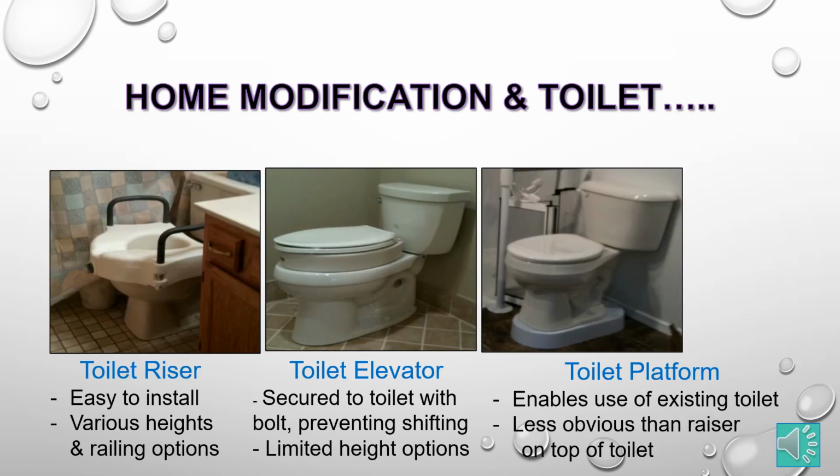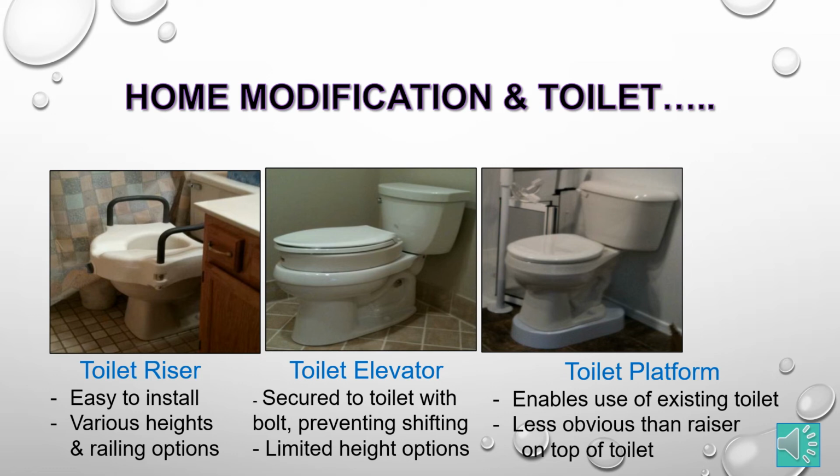When we talk about toilet modification, height of the toilet seat is a major consideration. There are a few ways of doing it, like the use of a toilet riser, which is easy to install, and various heights and railing options are available.